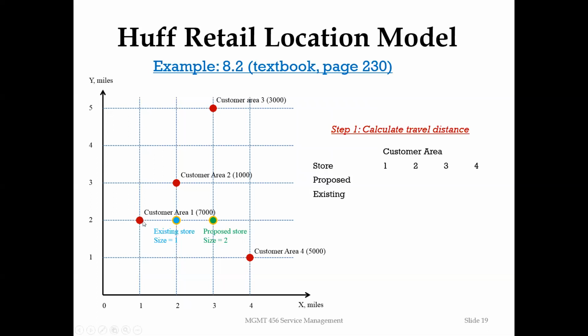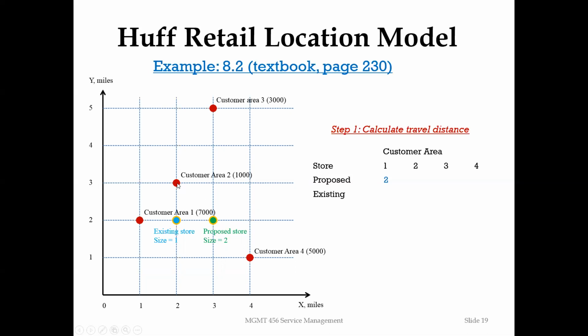So going from customer area 1 to the proposed store, the distance is 1 and then 2, so the travel distance is 2 units if you look at the map. So what about for those who live in customer area 2?